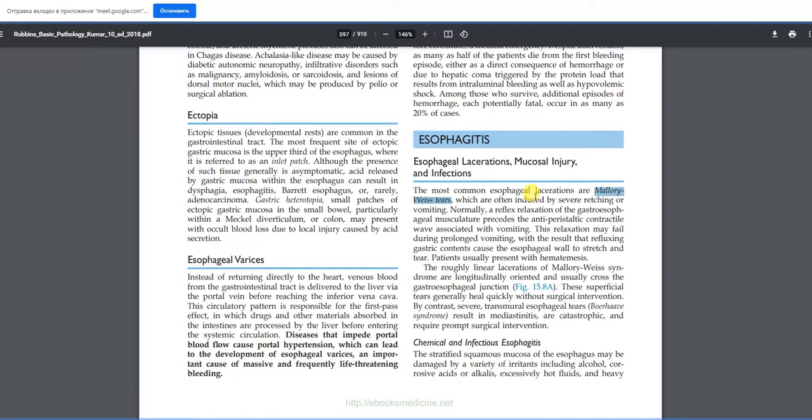So when persons are vomiting almost every day, you know what happens during vomiting. The distal esophageal sphincter opens, and under pressure, stomach juice enters the esophagus. When a person vomits one time, that's okay, it can be recovered.